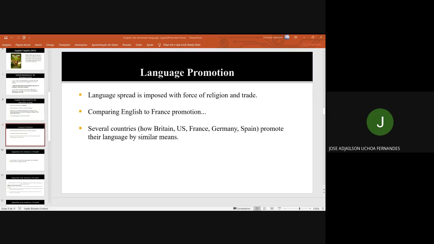And this has a lot to do with the relationship between language and power, doesn't it? Remember, Crystal: when does a language become powerful? When the language interferes in culture, in politics, in economics.